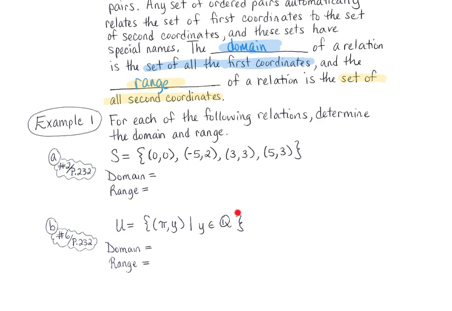The curly brackets mean set. So I'm asking you to remember notation we've discussed before. This bar means such that.